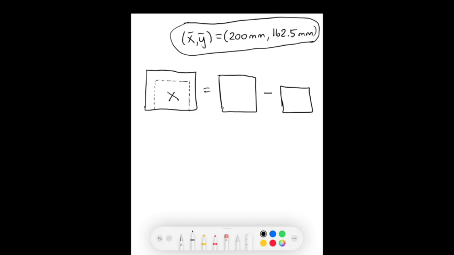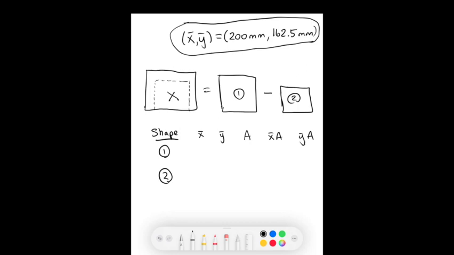So if we do that, it would work out like this, that we would have instead only 2 shapes, shape 1 and a negative shape 2. We follow the same procedures, find the centroids, the area, and the products.